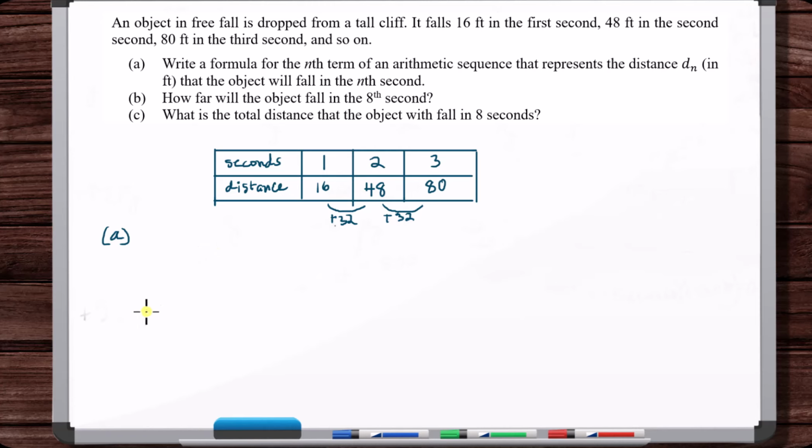So okay, but this is not a sub n. They want us to put it in terms of d sub n. Okay, so a sub 1 is 16 plus n minus 1 times the common difference, which is 32.